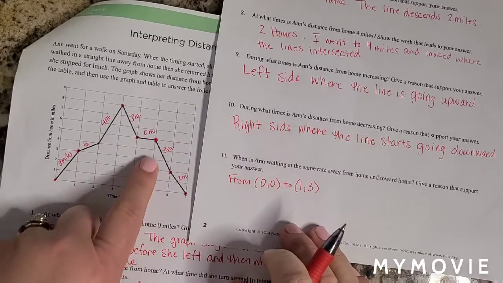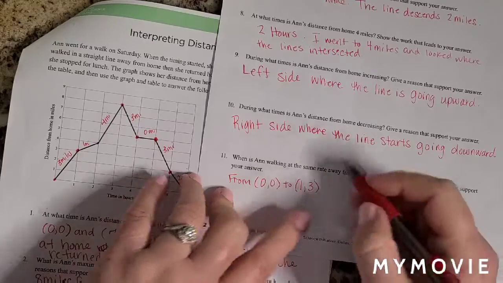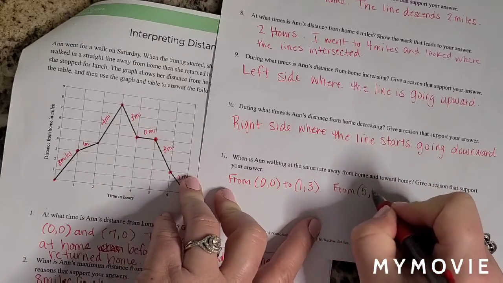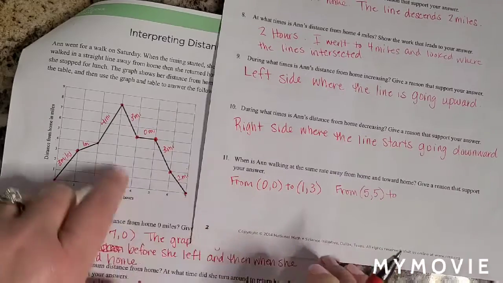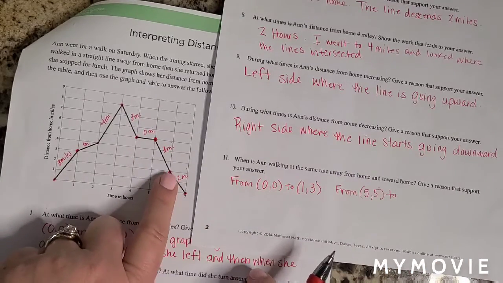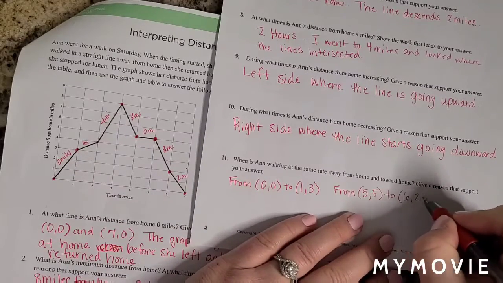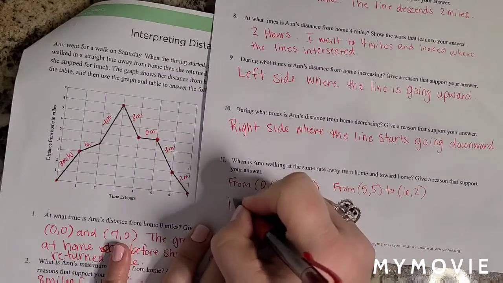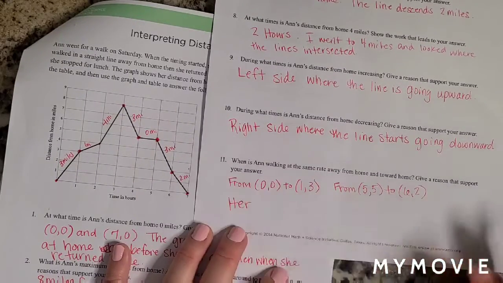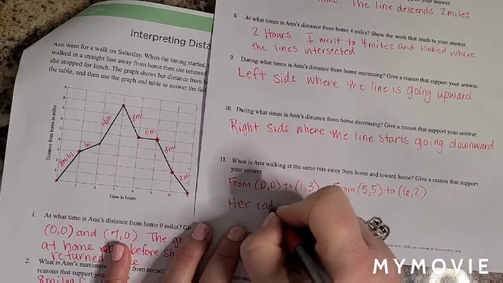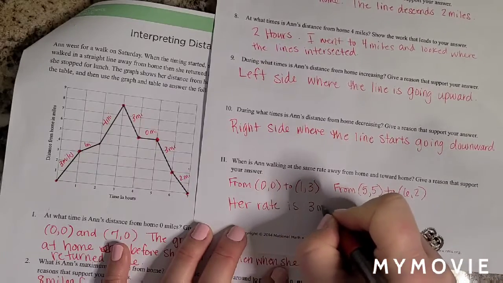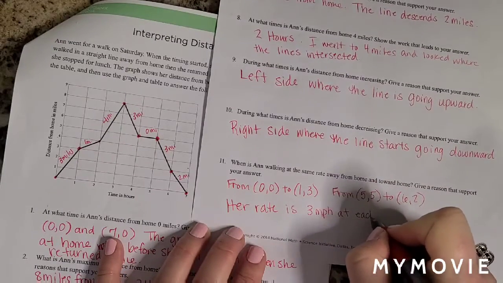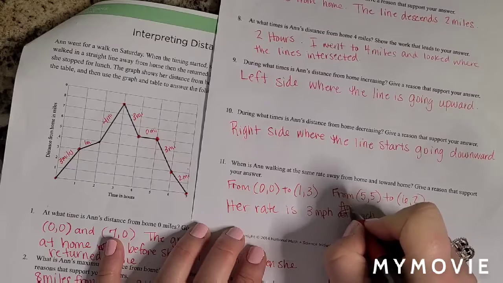And then from here at 5, 5 to 6, 2. So you can explain that. It says give a reason. Her rate is 3 miles per hour at each of these points, or from each of these points.